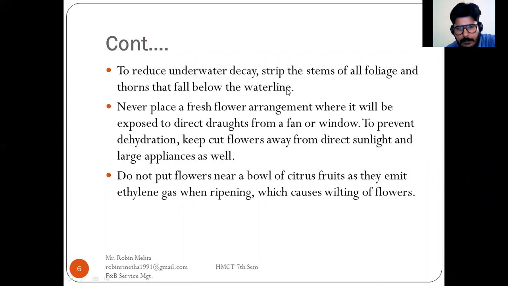And next, do not put flowers near a bowl of citrus fruits, as they emit ethylene gas when ripening, which causes withering of flowers.